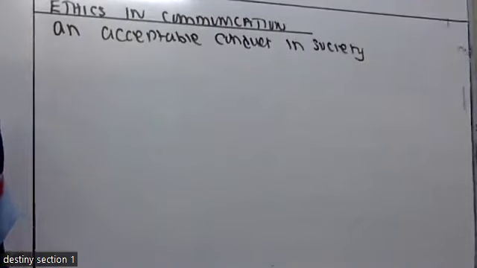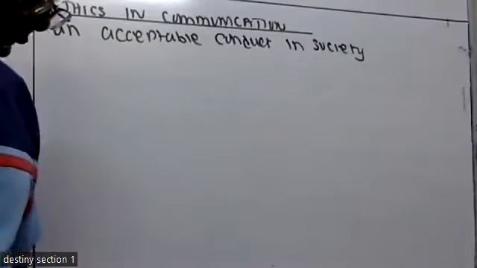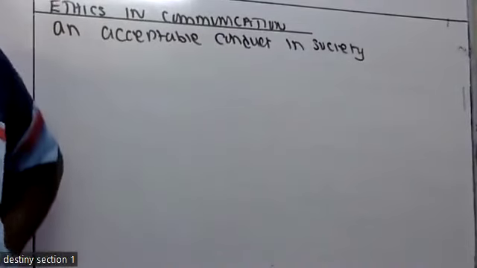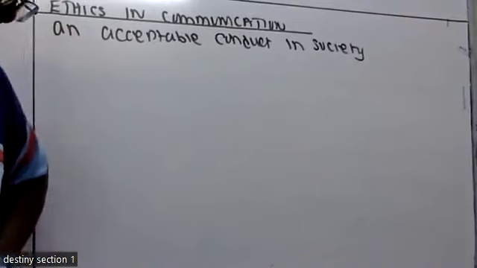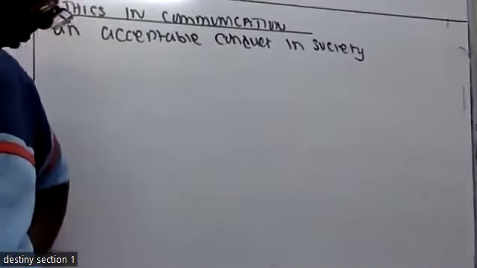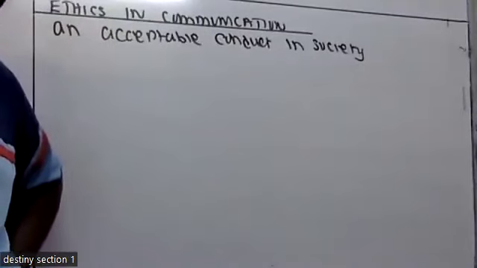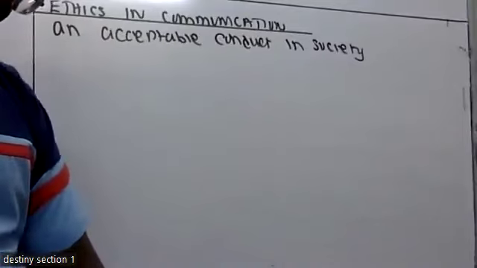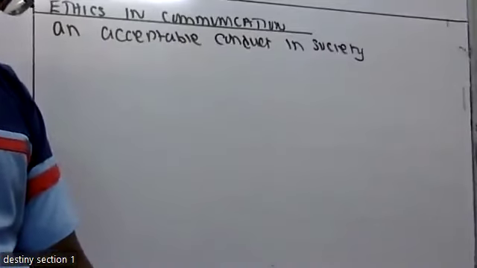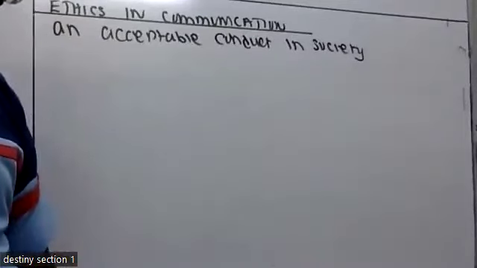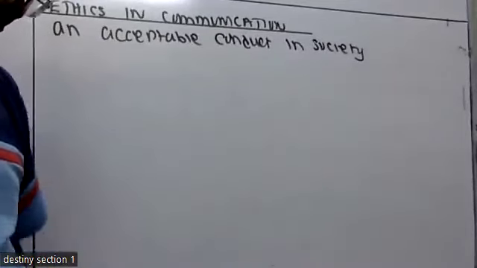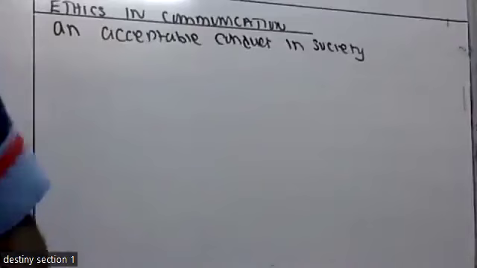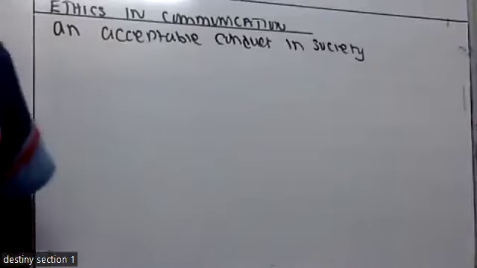Number three, avoid withholding crucial information. Another one is a well-organized value system. The last one is accuracy of information.